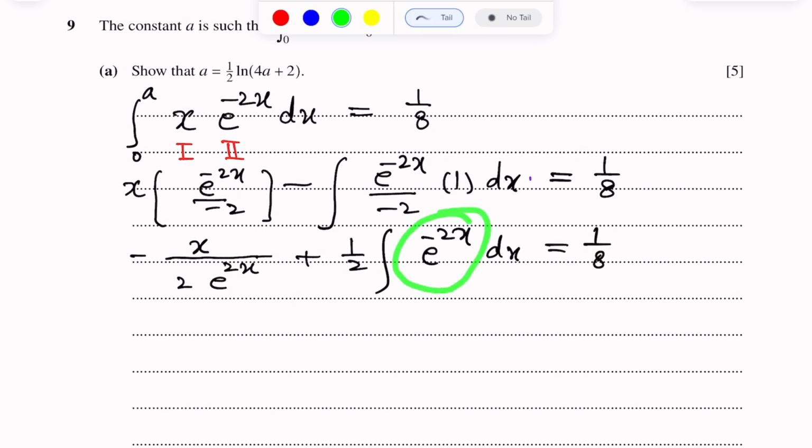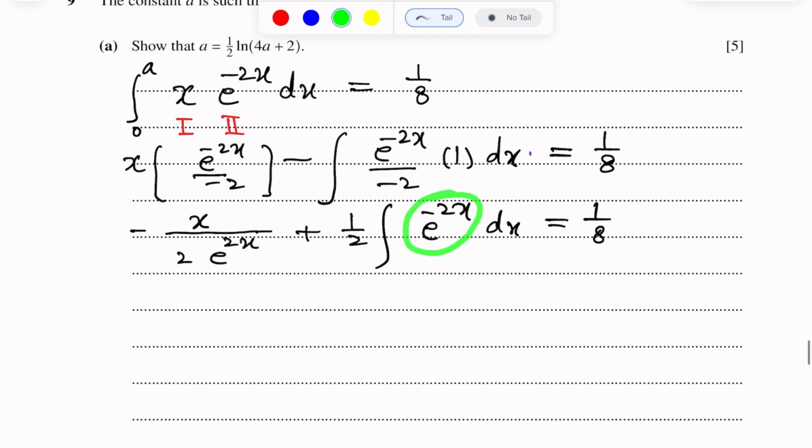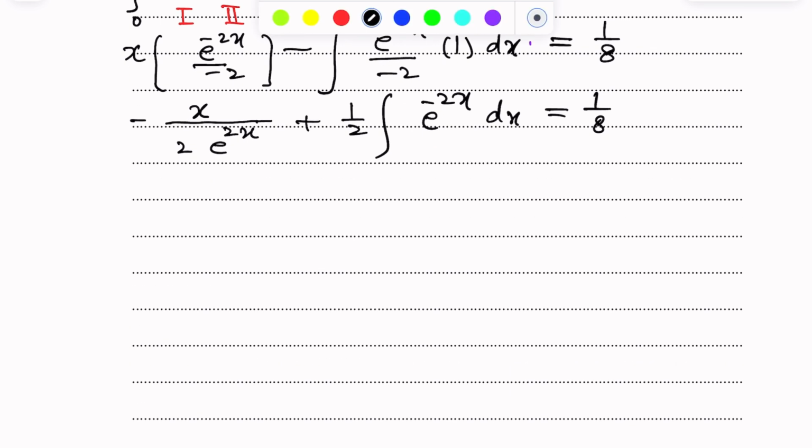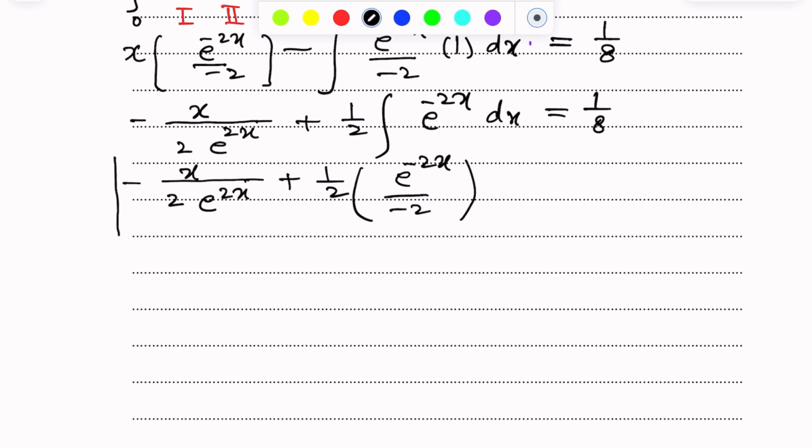Now we will again integrate this function. Now only one function lies here. So this becomes minus x over 2 e power 2x plus 1 over 2 times the integration of e power minus 2x, which is e power minus 2x over minus 2, with the limit 0 to a equal to 1 over 8.